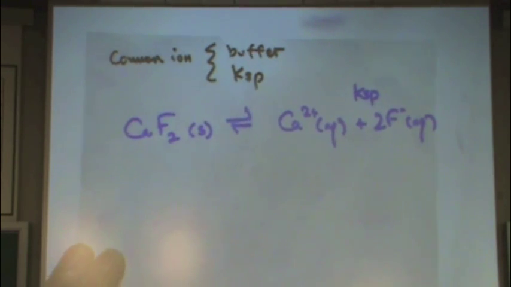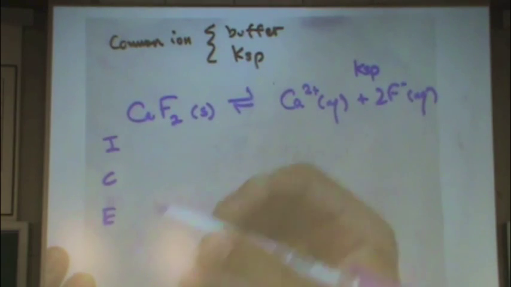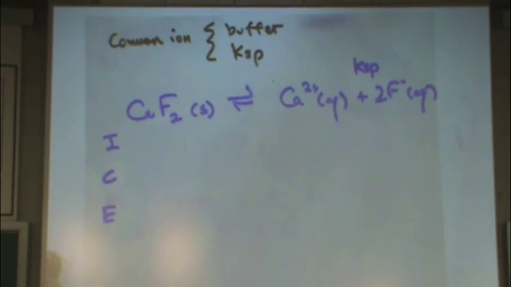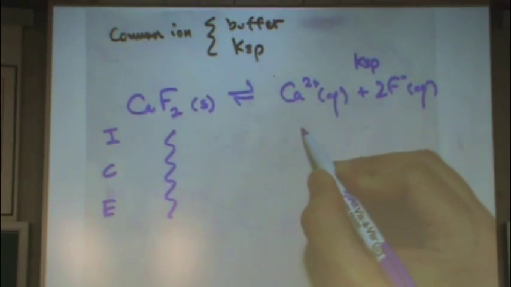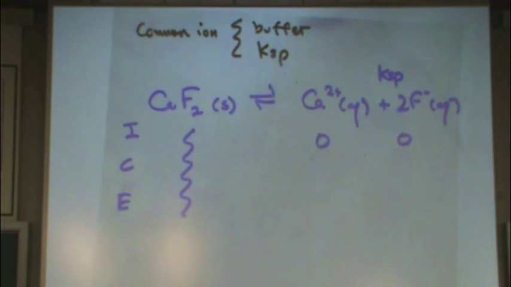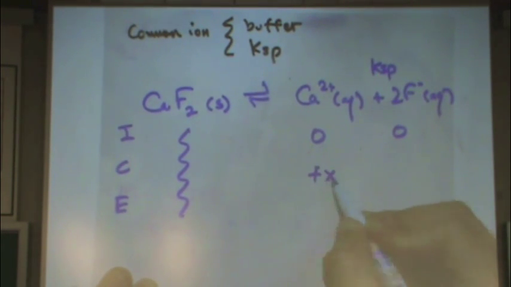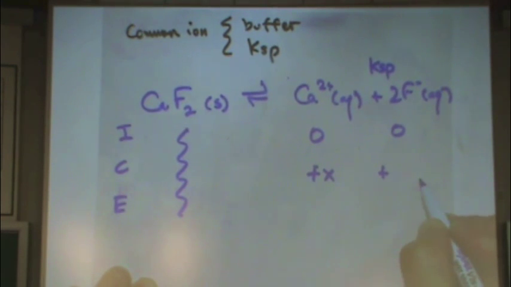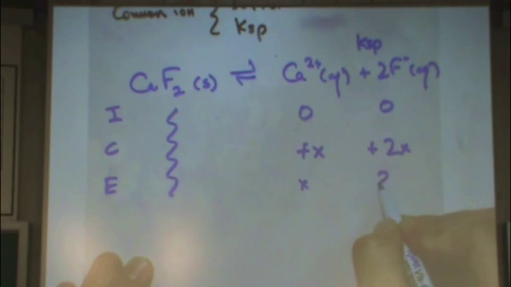Also should know that. Okay, so here's your typical ice table. We'd ask you for molar solubility, which would be X. And you ignore the solid, and let's say this is 0. Typically say that's 0. Okay, when you start off a normal problem. And so you go plus X here and plus what here? 2X, because that 2 right there. This would be X and 2X.